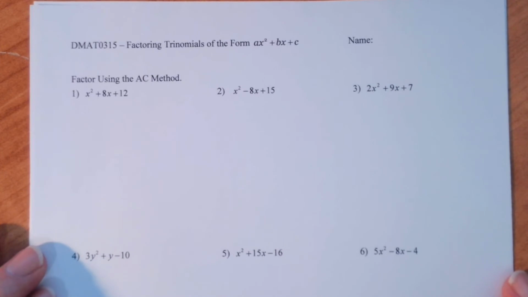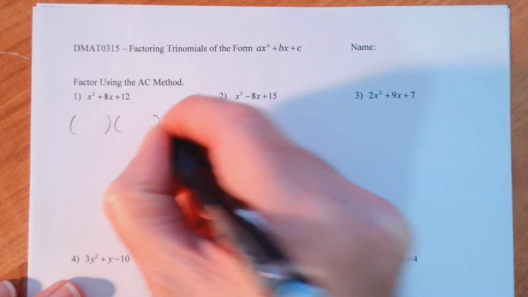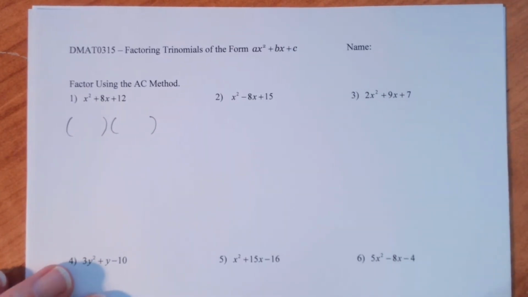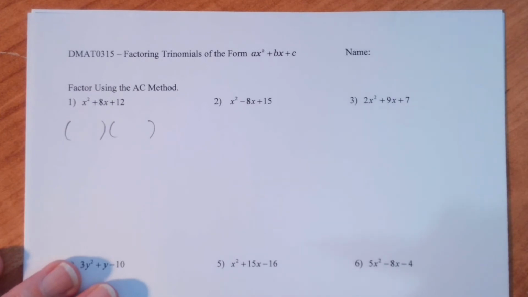All right, so on the first one here, and by the way, there's many ways you can learn to factor a trinomial. Factoring using trial and error is one of the most common. In fact, that's the way they used to teach it most of the time.